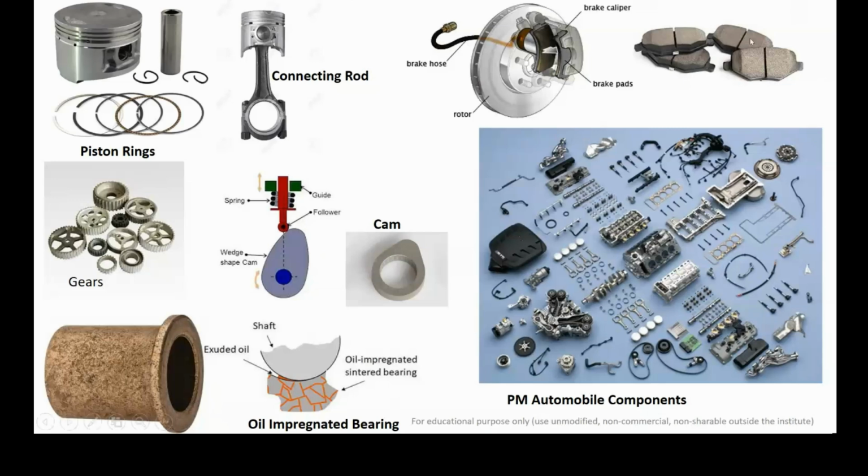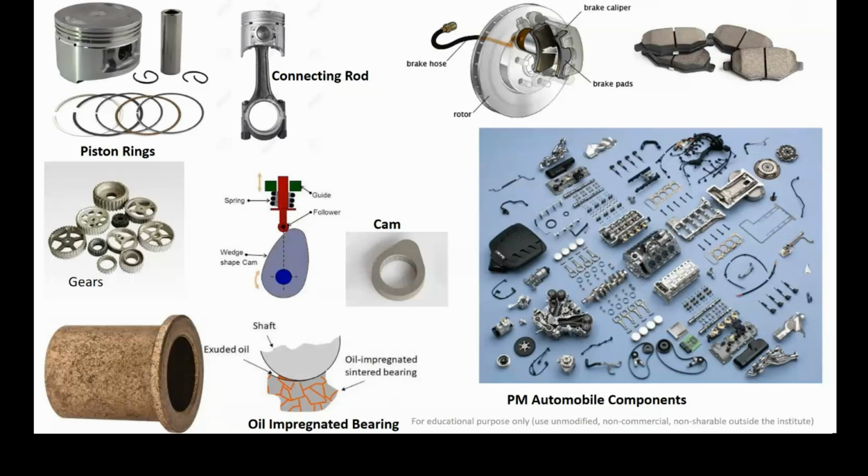At the right top corner, we can see the different brake pads, the brake pad material, the gears, and the cam, which is connected with the follower. With the movement of this oval shaped cam, there is a linear up and down motion of the follower.